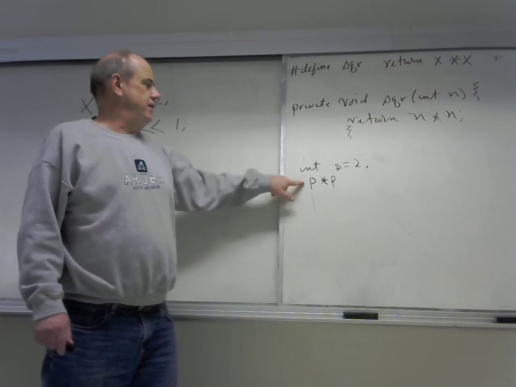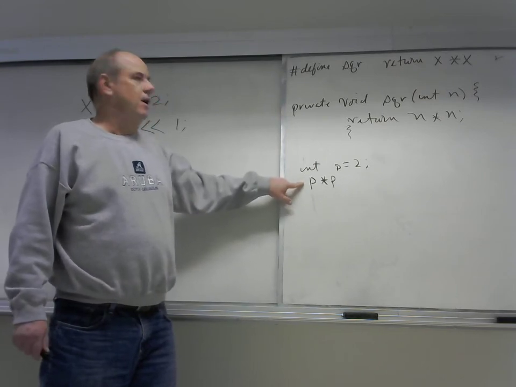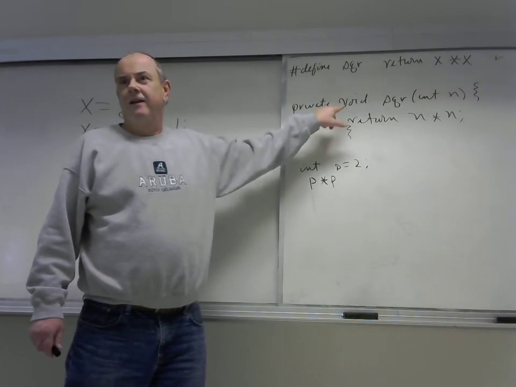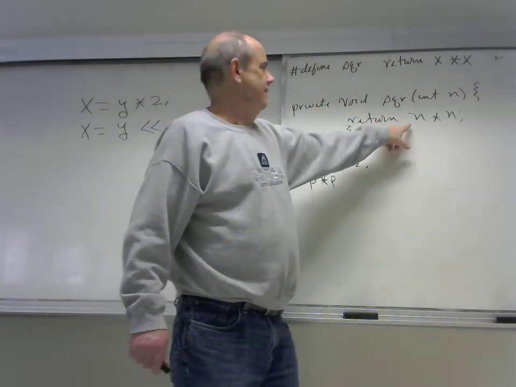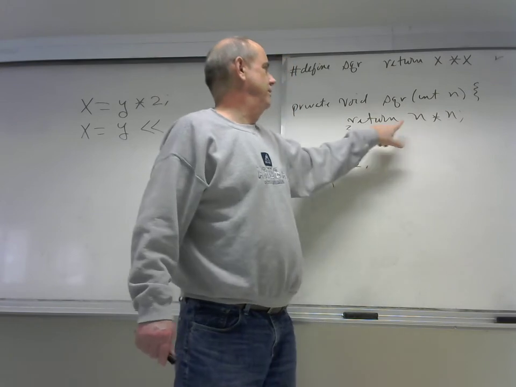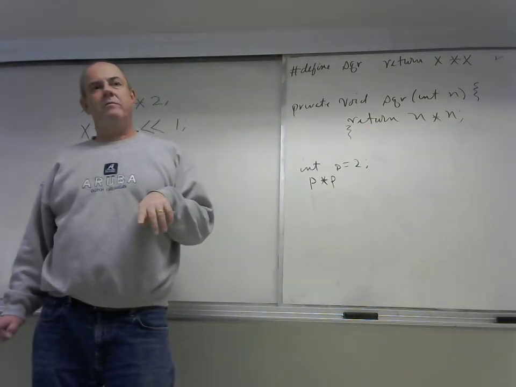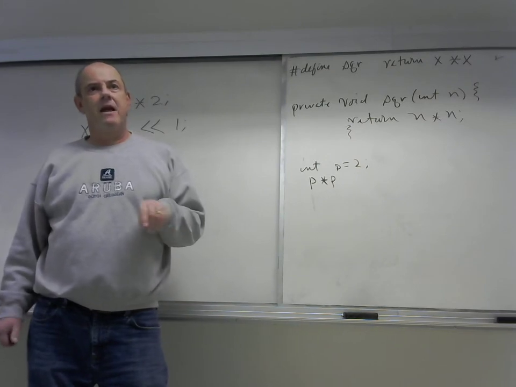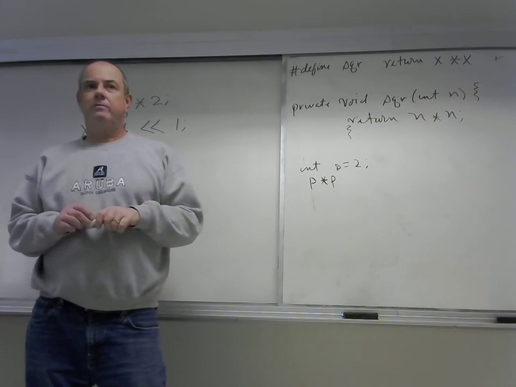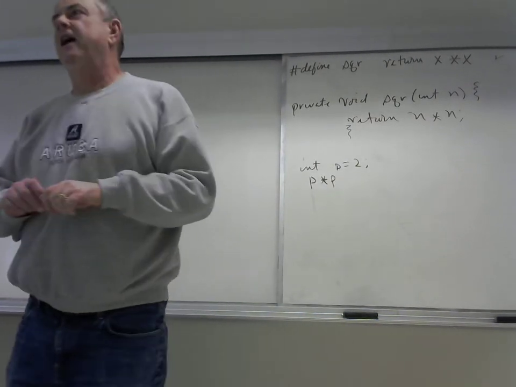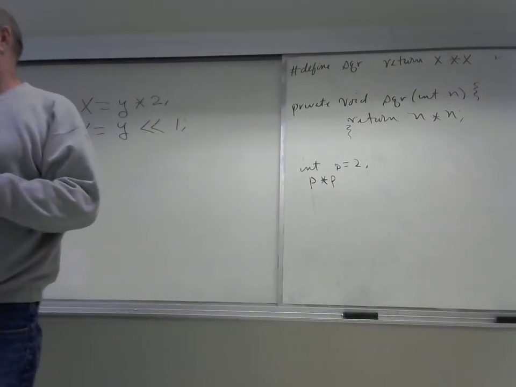What's faster, executing p times p or jumping to a subroutine, manipulating the stack, calculating n times n and returning that and inserting it here? Well, that obviously has a lot more overhead. Macros are faster than subroutines. They are. Yes. Other questions, anyone?